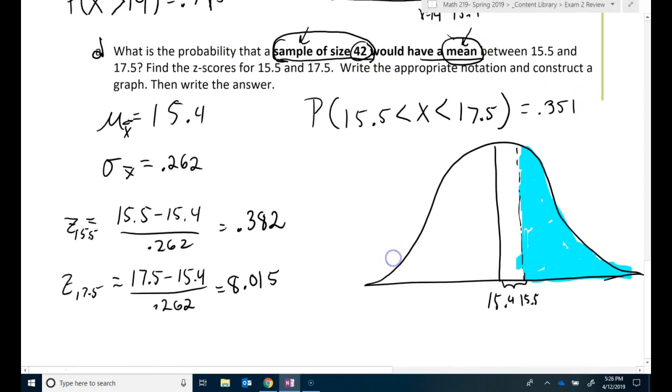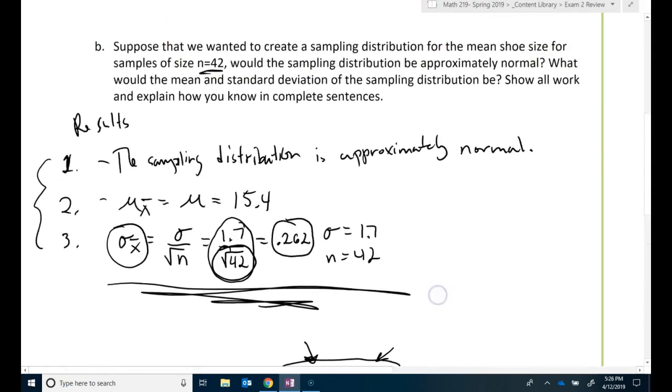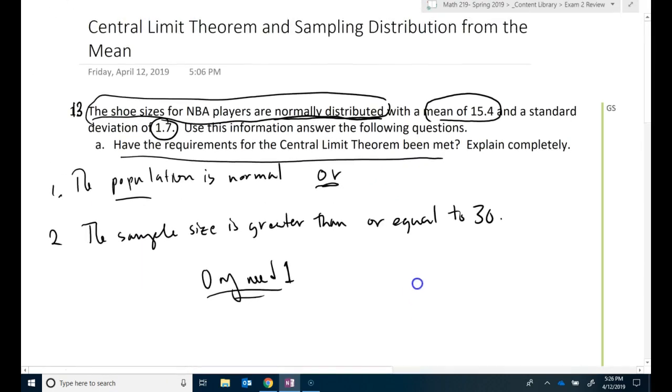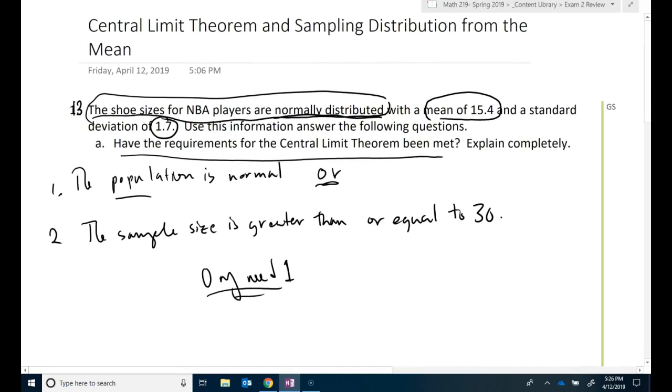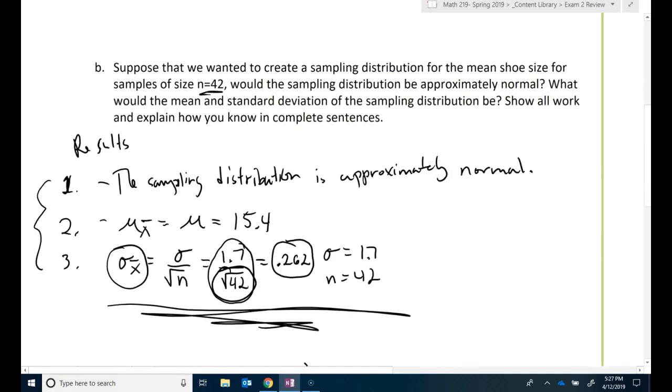Okay, cool. All right, so what are some of the most important things that you need to know to work with the central limit theorem and sampling distributions for the mean? Well, the first is that we're going to utilize the central limit theorem, and so you need to know those requirements. Those requirements are, one, the population is normal, or the sample size is greater than or equal to 30. Then we know what the results are.